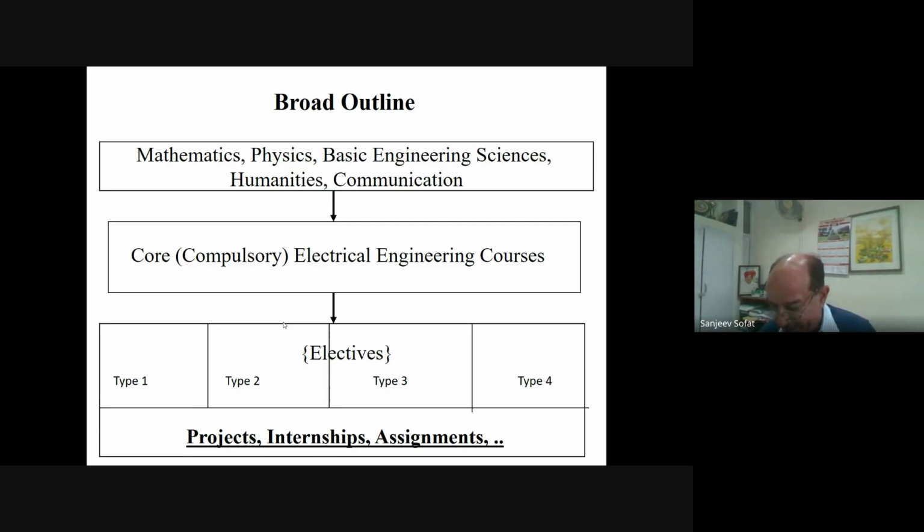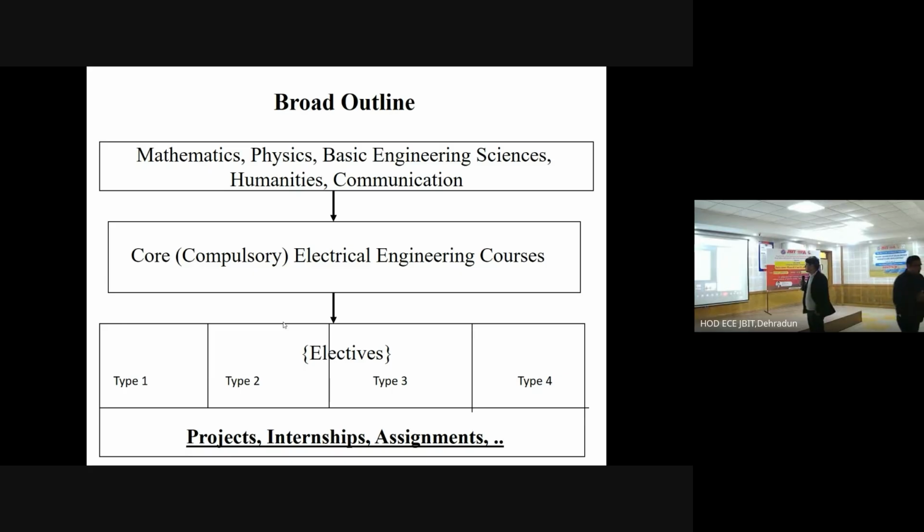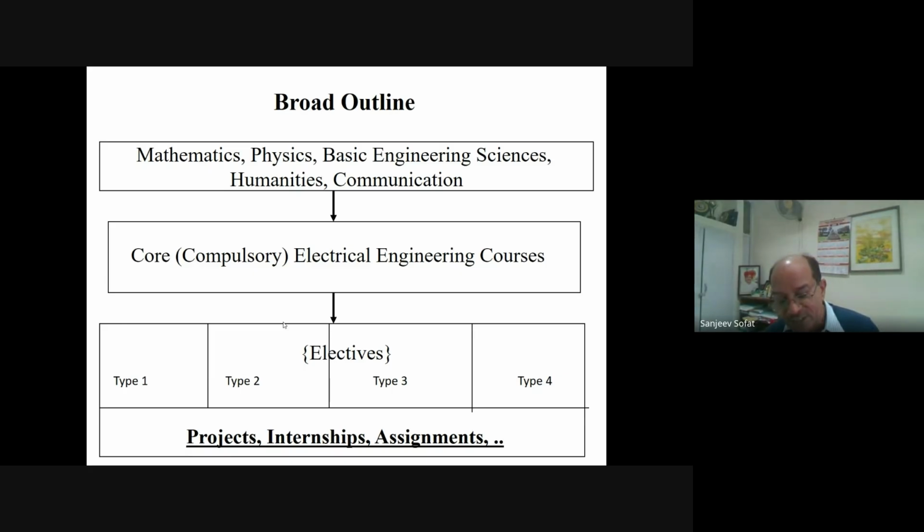These days, new education policies talk about minor specialization and honors programs. In case somebody from mechanical engineering wants strength in computers, he can do this minor degree along with the basic degree.